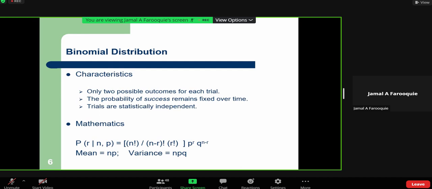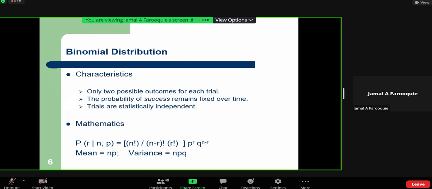Now we take up this binomial distribution. Binomial distribution has these characteristics: only two possible outcomes for each trial. As we saw with tossing a coin, only two possible outcomes, head or tail in each trial, and the probability of success remains fixed over time. Here by success we mean the outcome or event we are interested in.